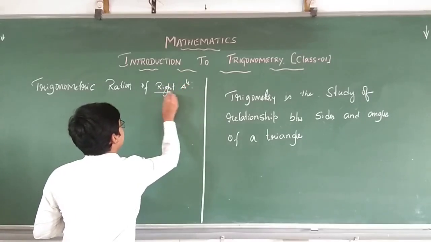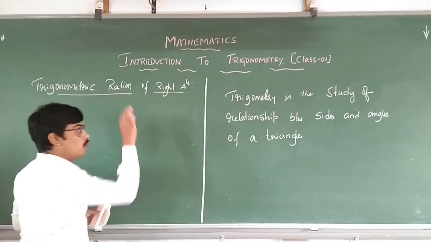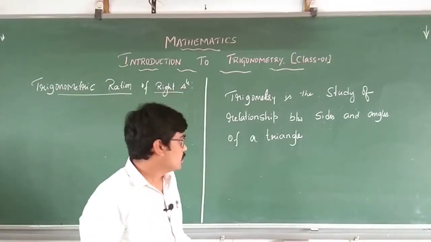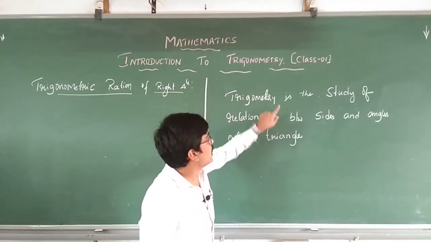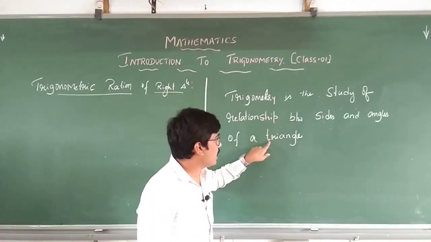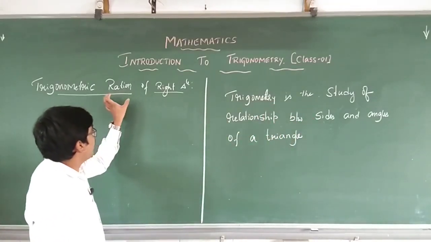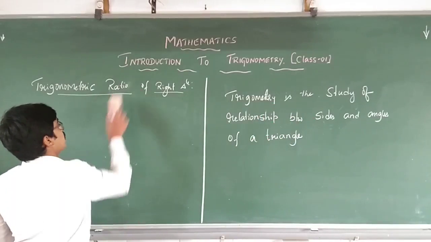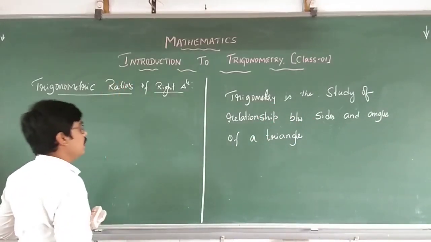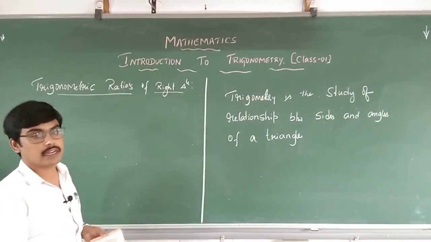So, we define trigonometric ratios only in a right triangle. Trigonometry is the study of relationship between sides and angles of any triangle, but we are defining trigonometric ratios only for the right triangle.